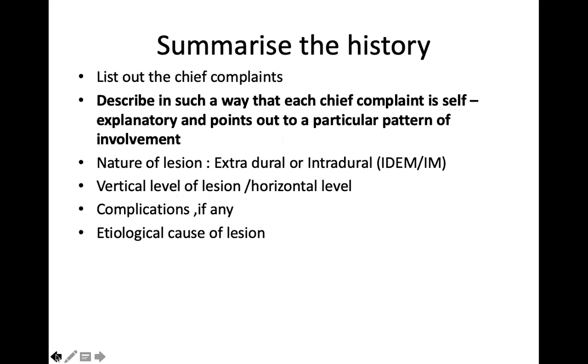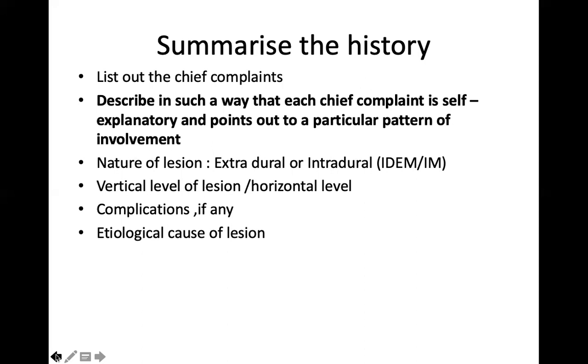So till this time, the examiner, it's almost 20-25 minutes you are uttering. The examiner doesn't usually stop you in between. So then when you say that summarizing my history, then they suddenly wake up that now they will give due attention to each and every word which you are talking.